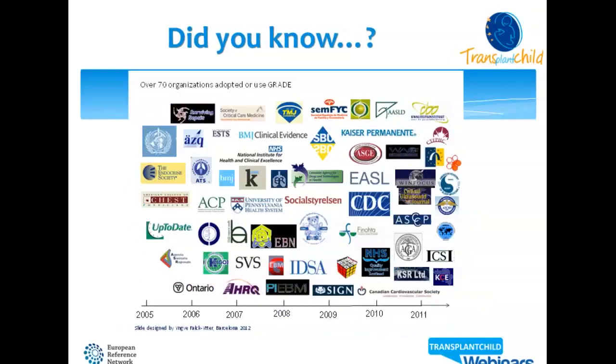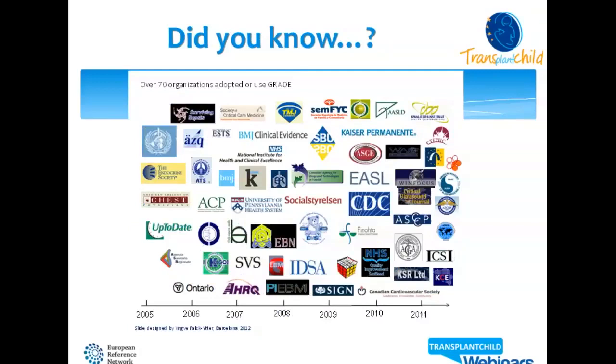Okay, so did you know that over 70 organizations have adopted or are using GRADE, which is the methodology we are going to use in the clinical practice guideline development? You can see within this picture big organizations like the CDC from the United States, the National Institute for Health and Clinical Excellence from UK, you can see a lot of organizations.